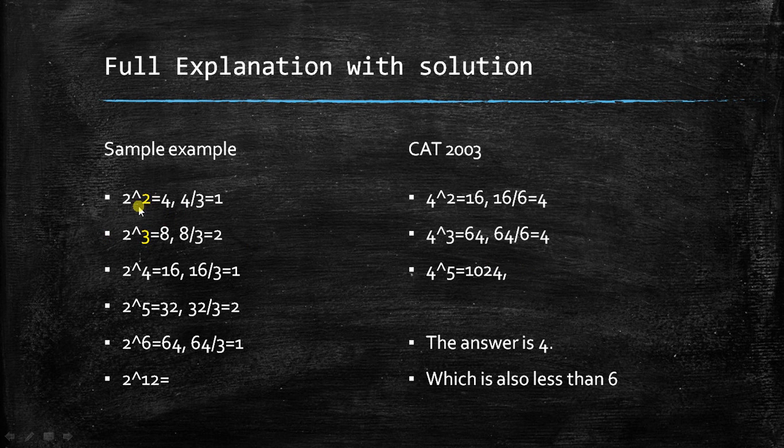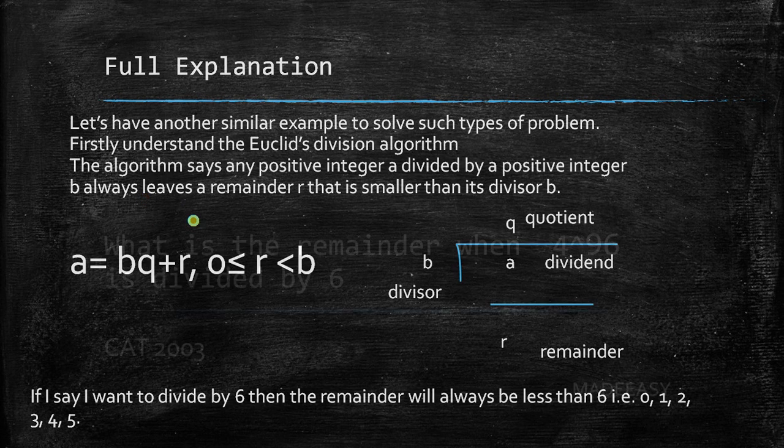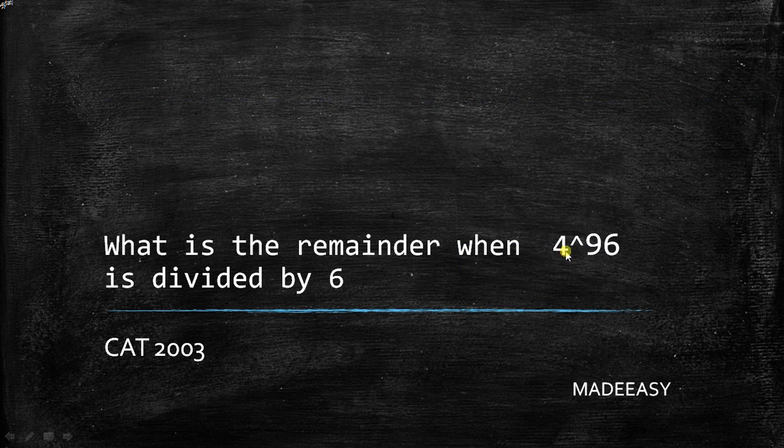Otherwise, for example, in the example given here, 4 raised to the power 96, which is an even power, we may check 4 raised to the power 2 and see what the remainder is, then 4 raised to the power 3 and see what the remainder is. If it is not changing, then it's okay. Otherwise, there is only one case that we have to notice.